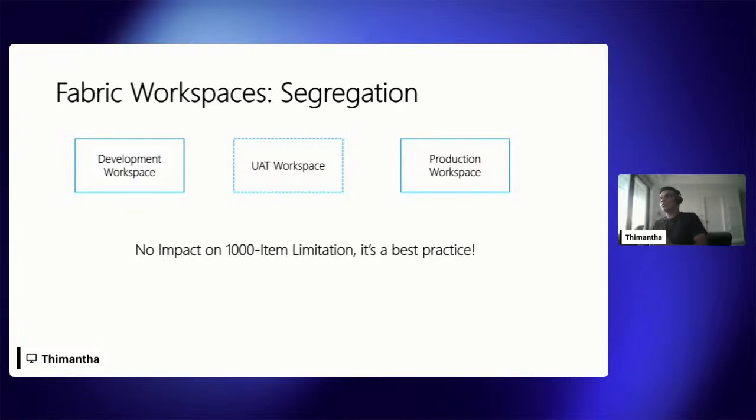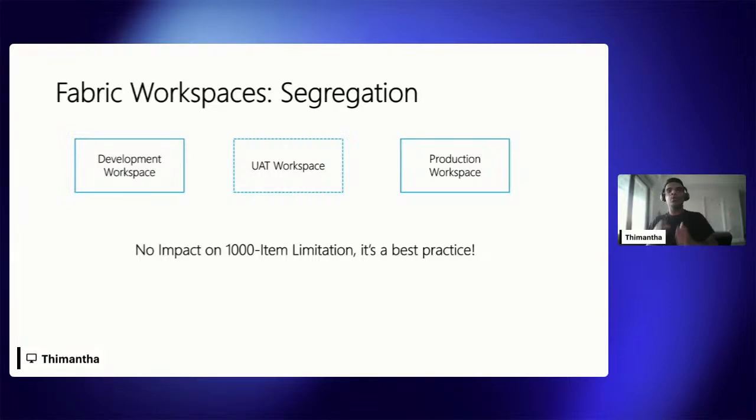For example, something you build in the dev workspace is eventually going to be deployed, or replicated, in your UAT workspace. And if it's all good in UAT, that is going to replicate in the production workspace. So what does that say? It does not have any impact on the 1,000 item limitation.